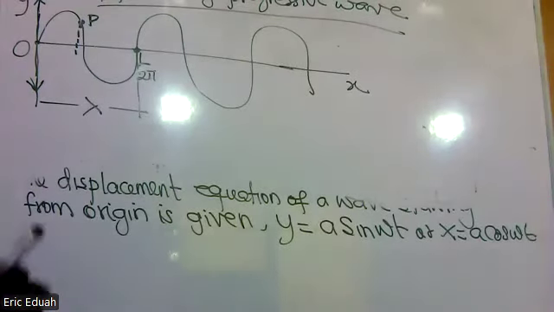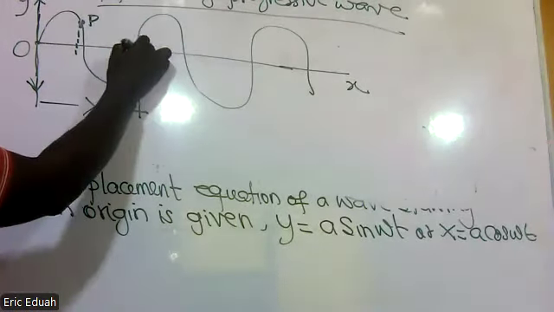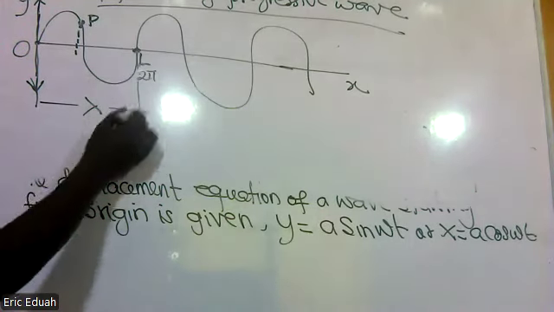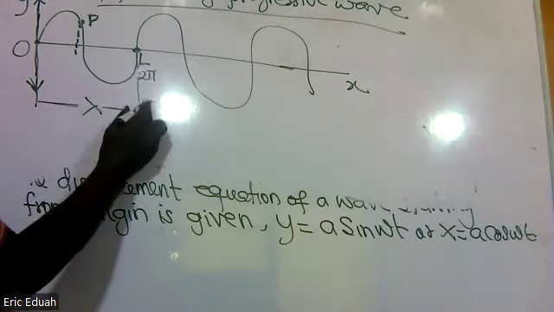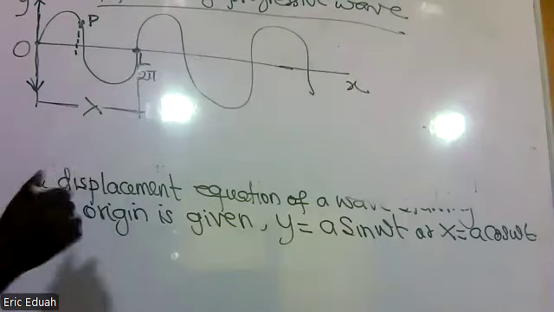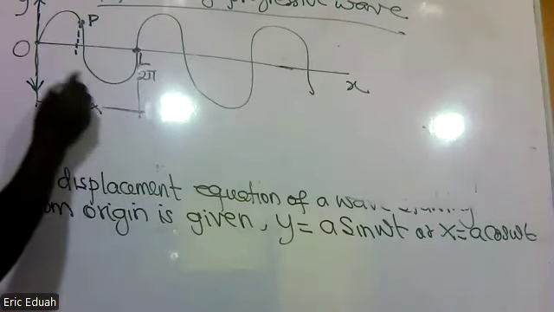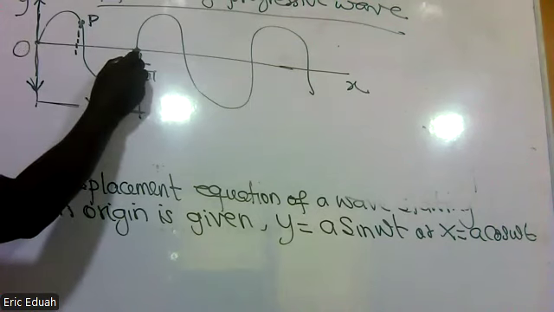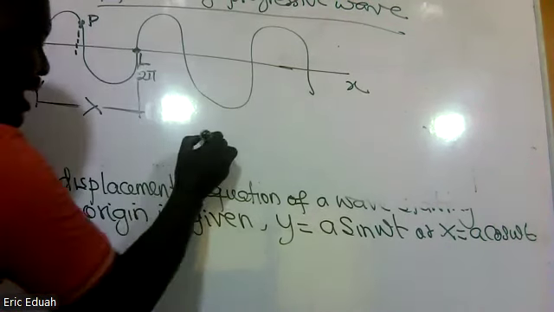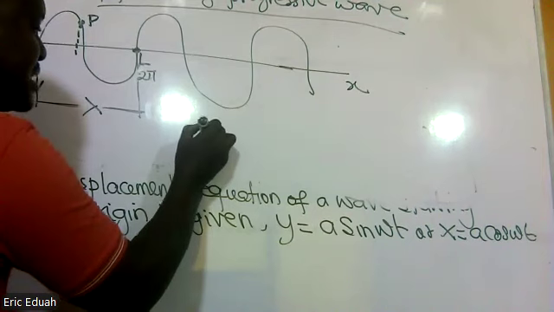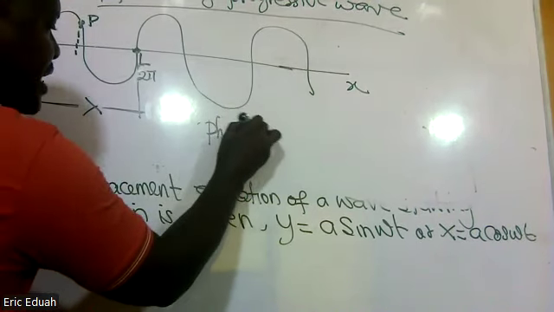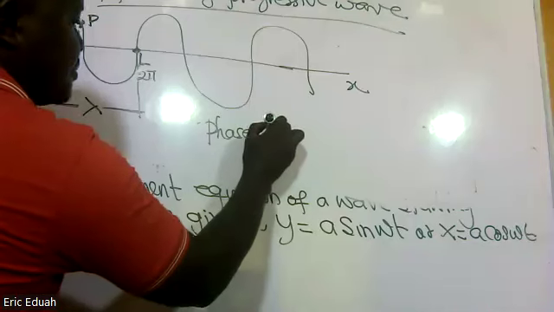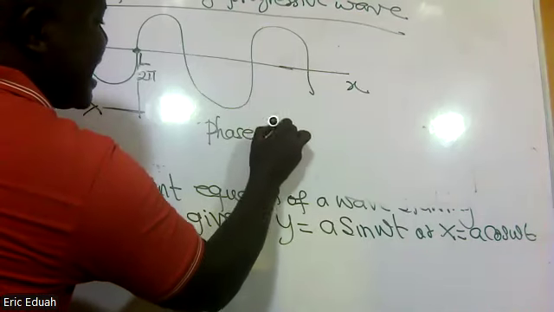All right, so at this point, a particle L here has a wavelength from the origin, lambda. Now, the angle between the origin and where the particle is vibrating, we call this angle the phase difference, or phase angle.